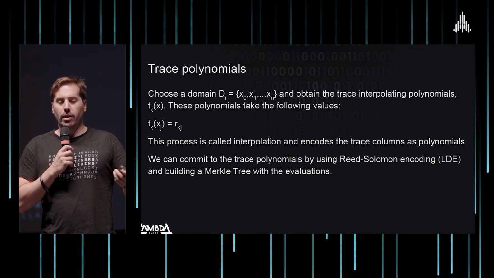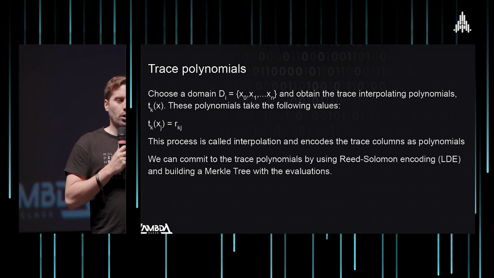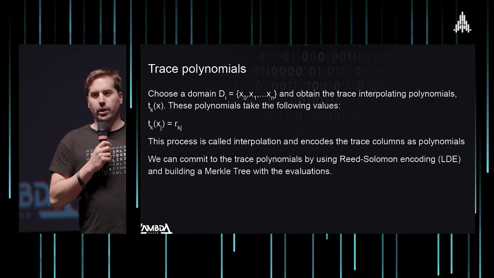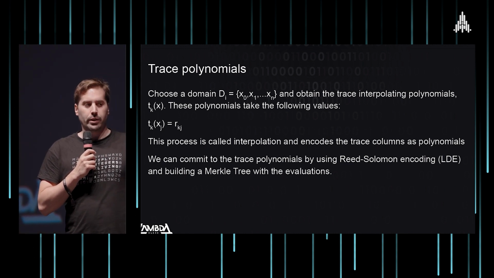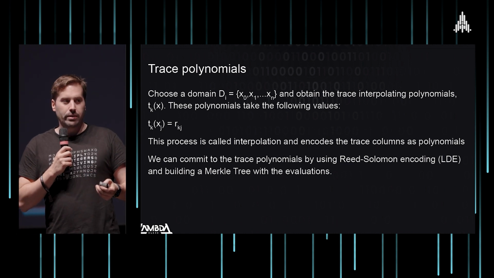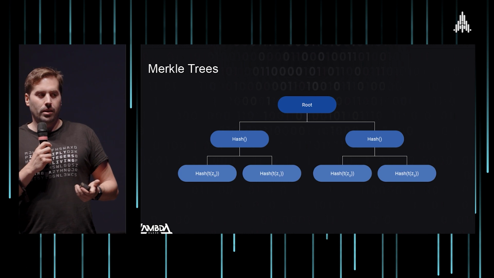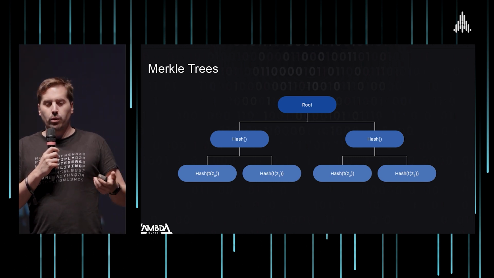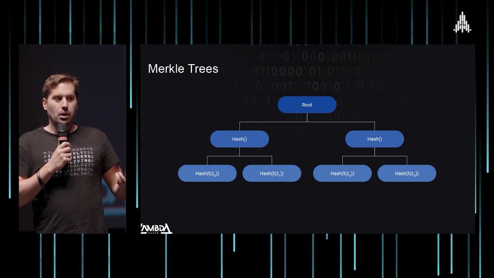So if we cheat or something, people will know that we are doing something wrong because the polynomial will have a higher degree. And so what we do is, to commit, we build a Merkle tree, which is just a binary tree built from the evaluations and using the hash functions.